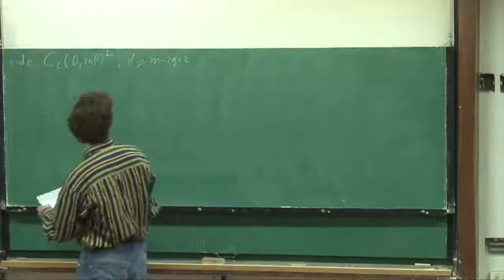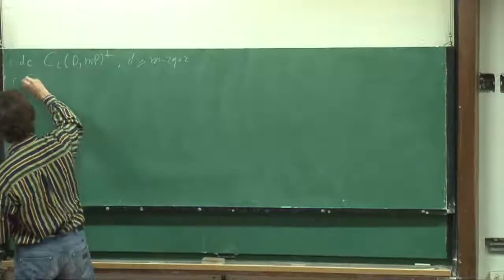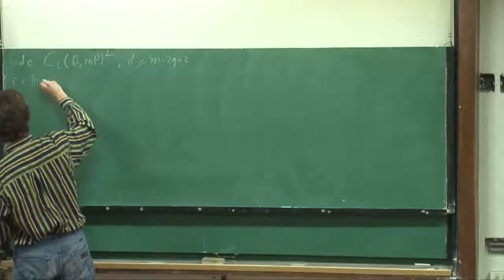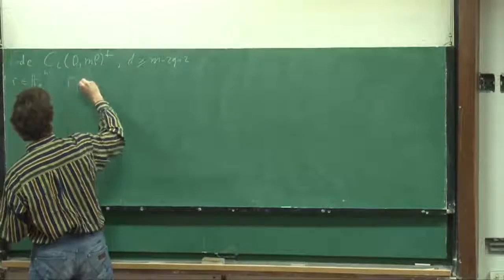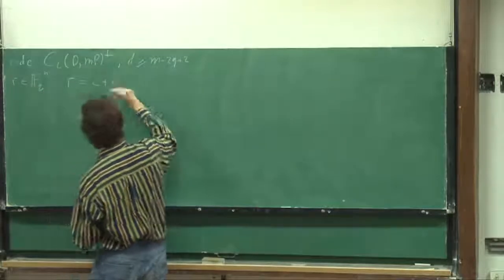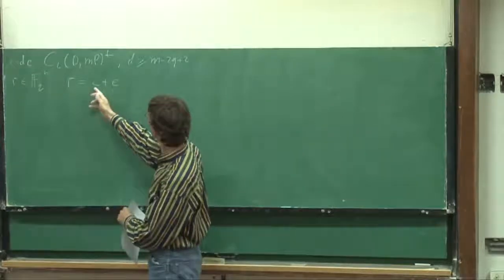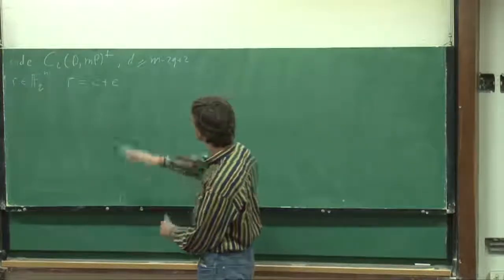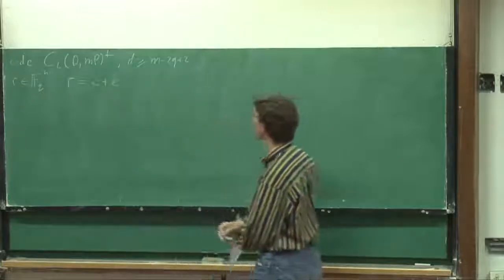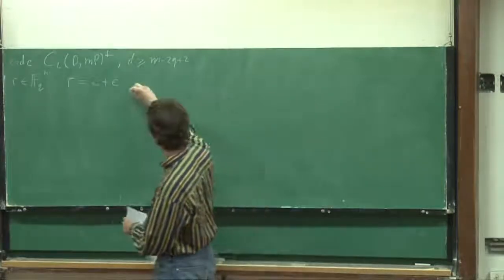And now what I want to do is, given r in F_q to the n, find the code word where it came from. So what we are given is an r, which is somehow a code word we want to recover, plus some distortion vector, or error vector as it is called.